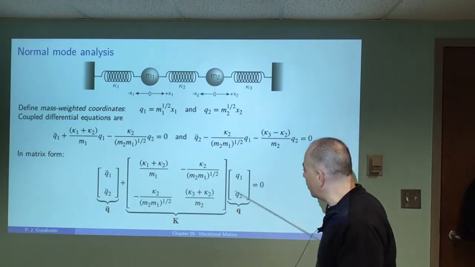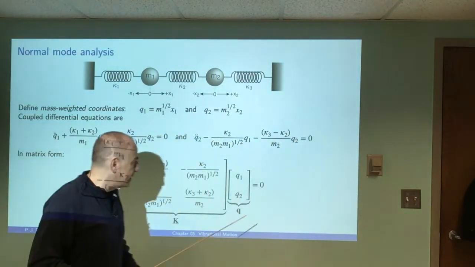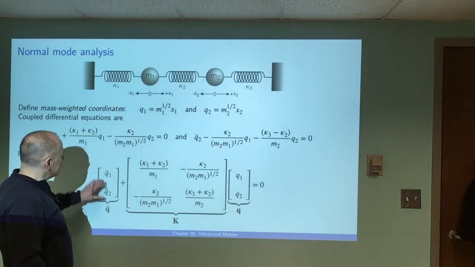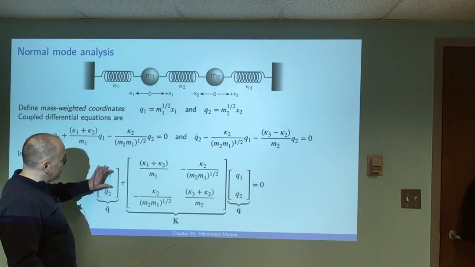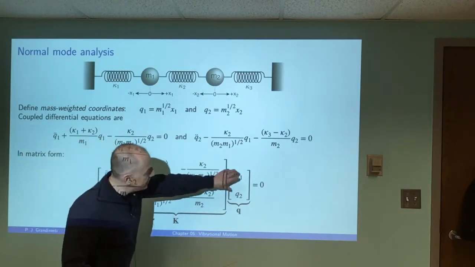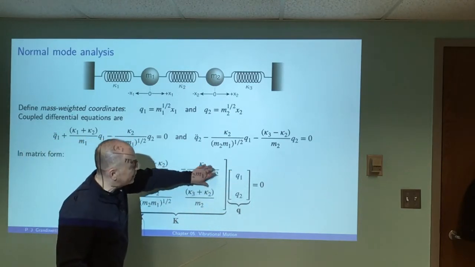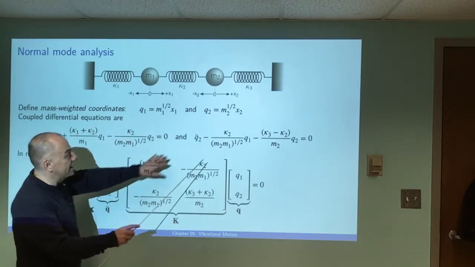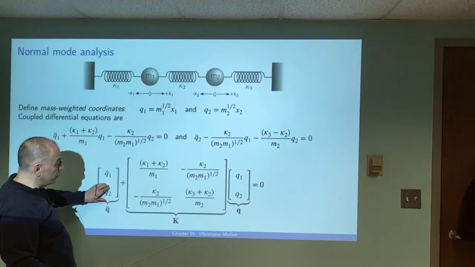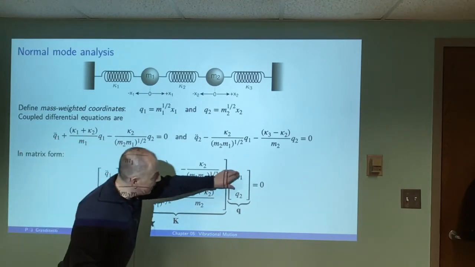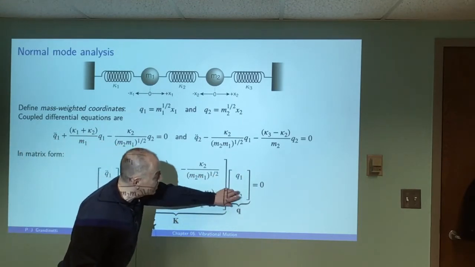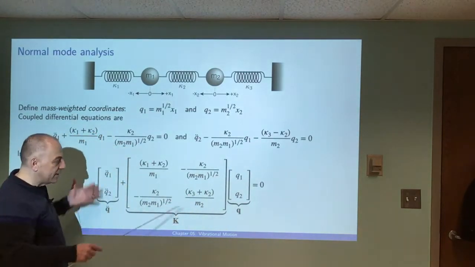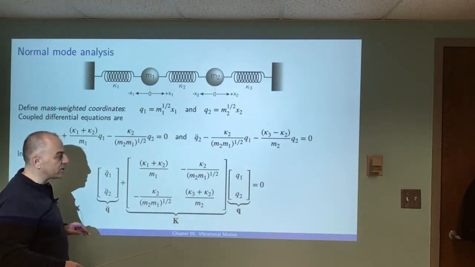If you remember how to use your matrices, you'll know that this equation is q1 double dot plus this element times q1 plus this element times q2 equals 0. That gives you this equation. You can get this equation from q2 double dot plus this element times q1 plus this element times q2 equals 0. That gives us that equation. That's how we set up and expand out these matrix equations.